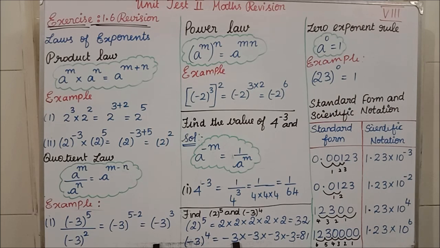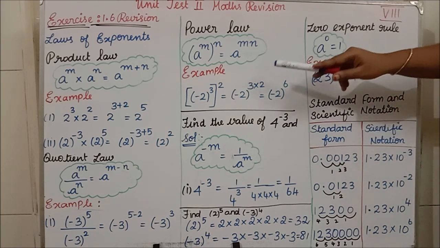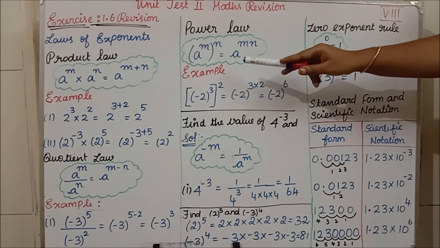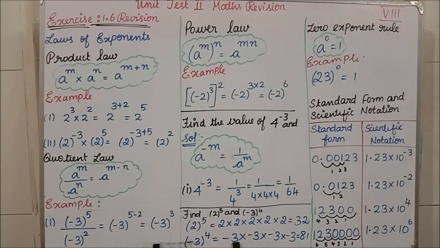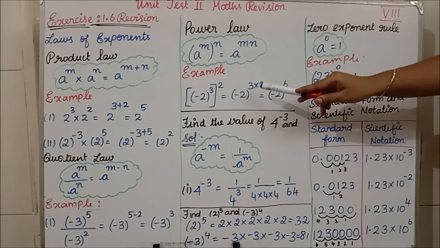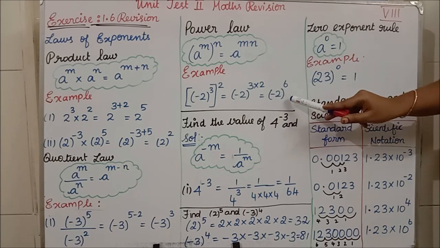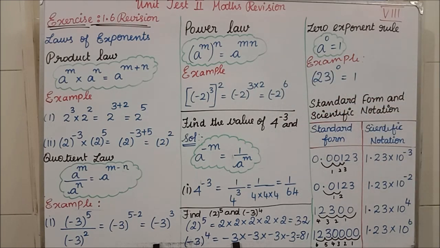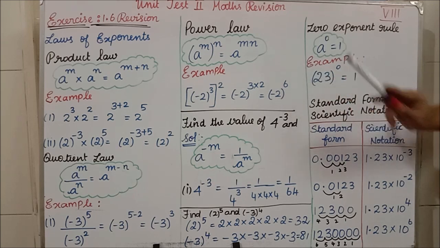Based on that you can see the example down. See, minus 2 whole cube, for that another power 2 we are having. Which means both the powers we have to multiply. So the base is minus 2, the power I am multiplying, 3 into 2, minus 2 power 6. Minus 2 power 6.